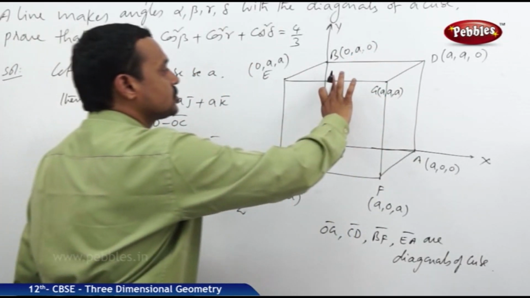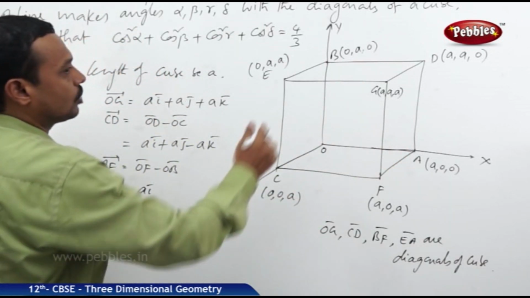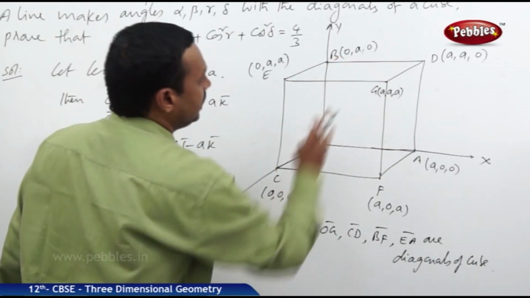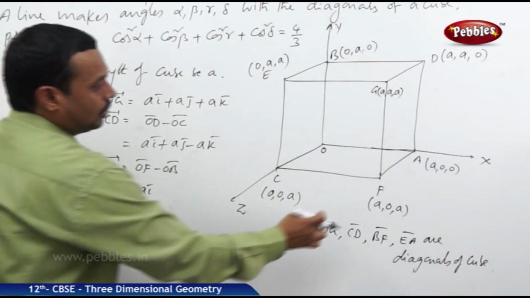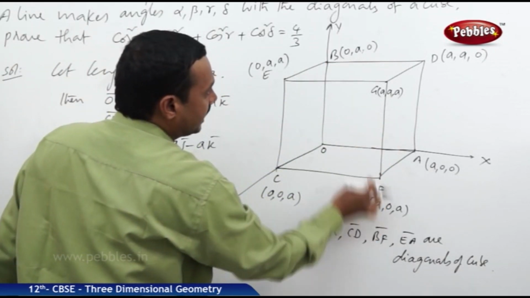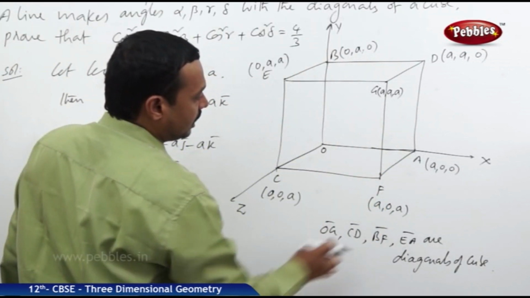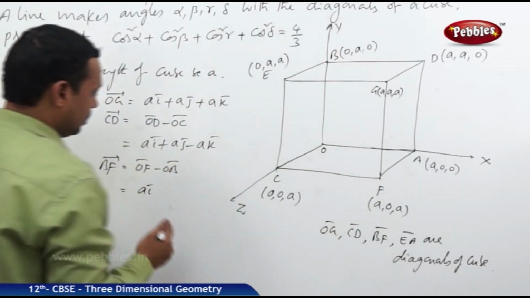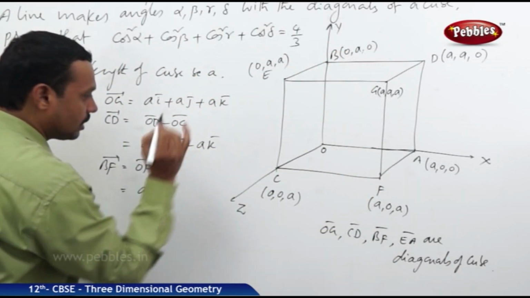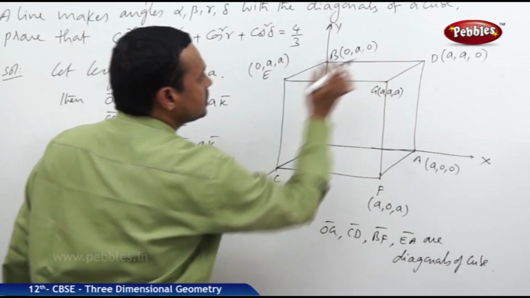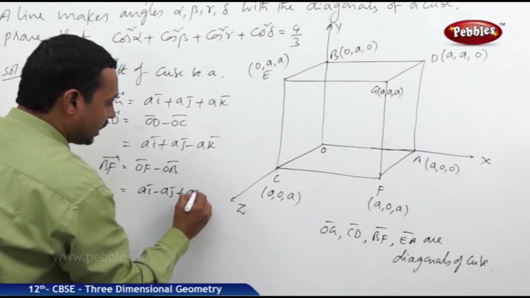So OB is also equal to A, so the coordinates of B are 0, A, 0. Now BF vector is A minus 0, A, 0 minus A into J vector, A minus 0 plus A into K vector.